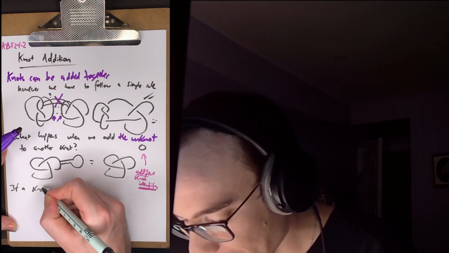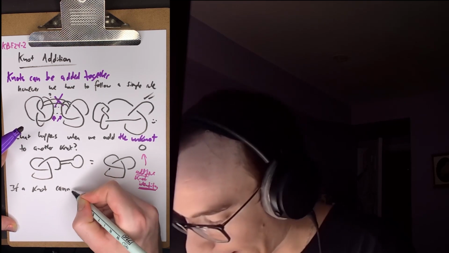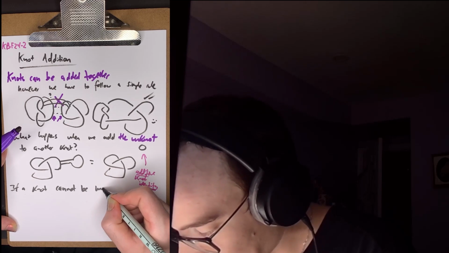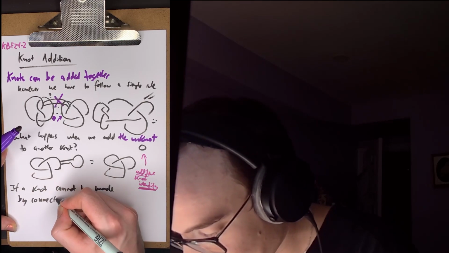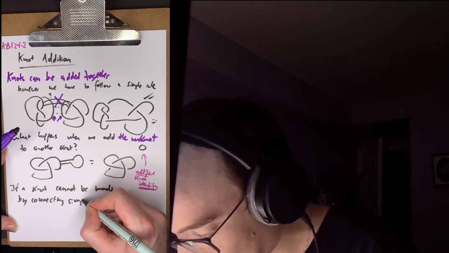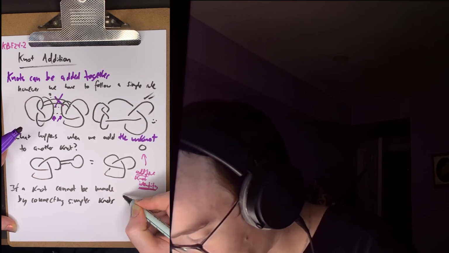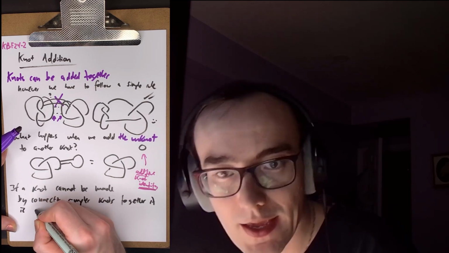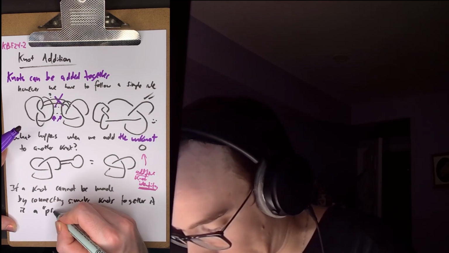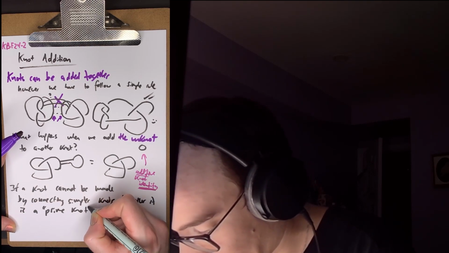So, if a knot cannot be made by connecting simpler knots together, it is a prime knot.